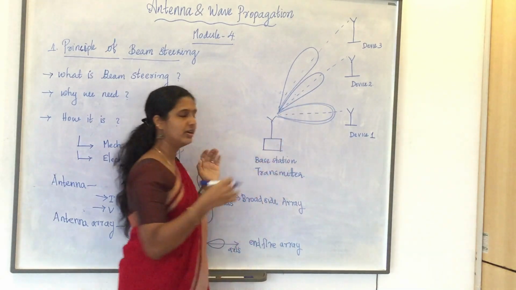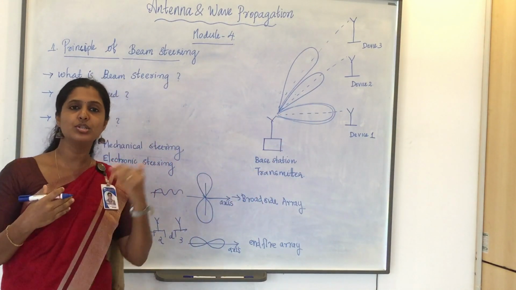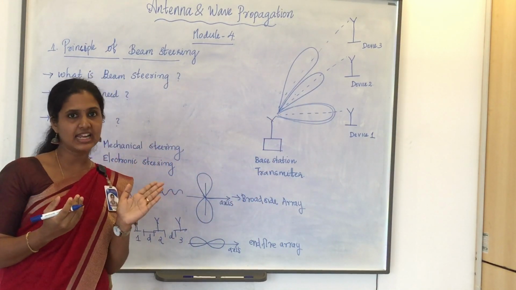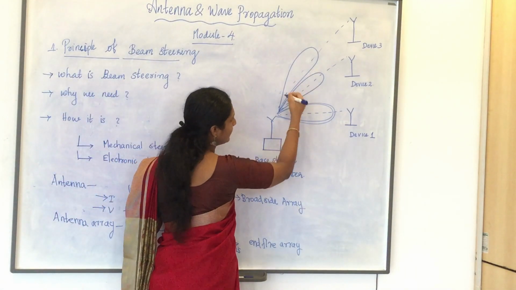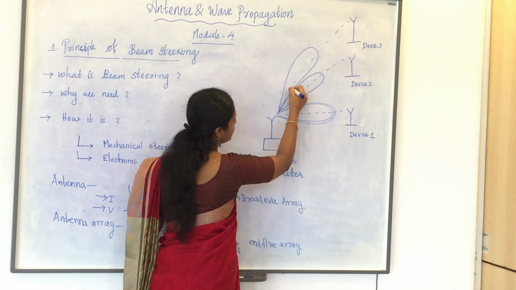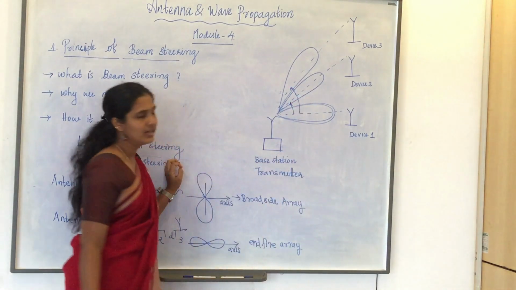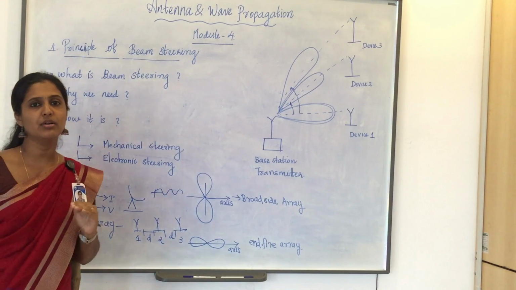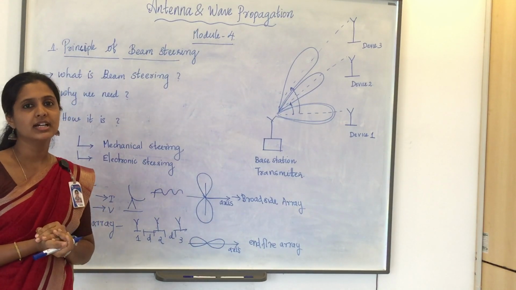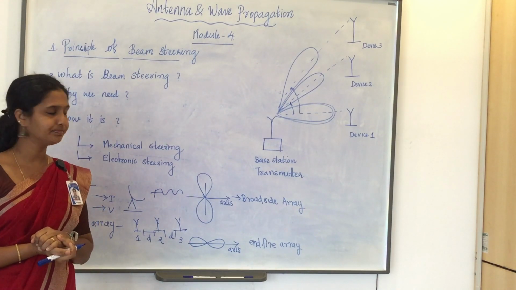And if many more devices are there, we can also change the steering angle. We can direct the radiation to our required devices by changing the steering angle. That's the requirement, or the importance, of beam steering in an antenna.